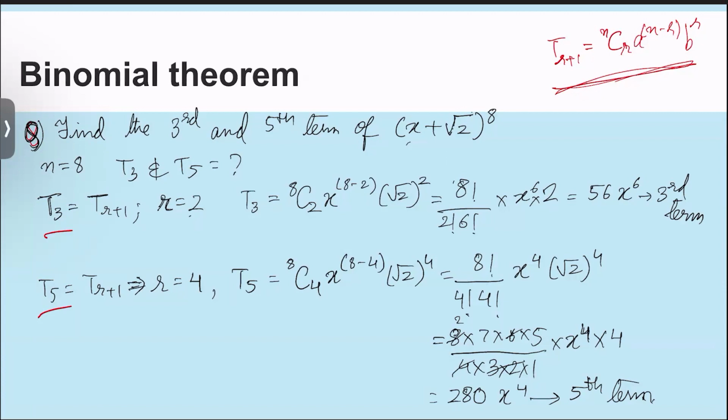The rules are the number of terms that you have, the way the powers of a and b vary, and that the sum of the powers of a and b should be equal to the power of the index that you are calculating for. Those rules are always going to be very important. The pattern that binomial expansions follow is very important for you to remember.